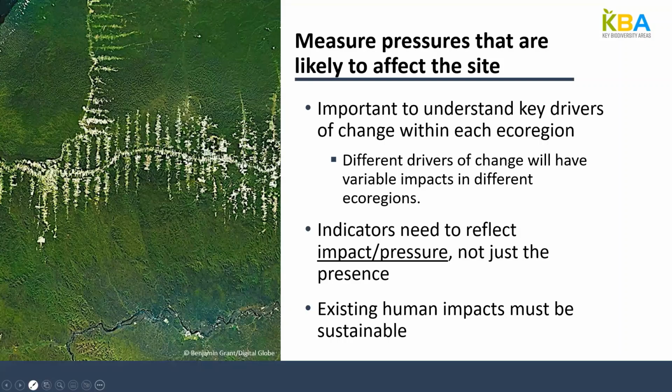And again, I would like to stress that as long as the existing human activity or activities are sustainable and not negatively affecting the ecological integrity of the site, the activity would not be considered a pressure. But if it is negatively affecting the ecological integrity of the site, then obviously that is having a clear impact and it is a pressure.